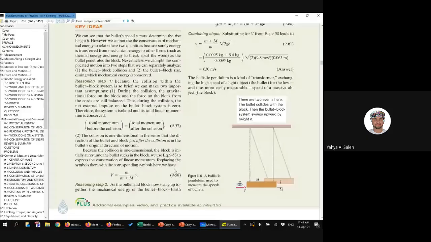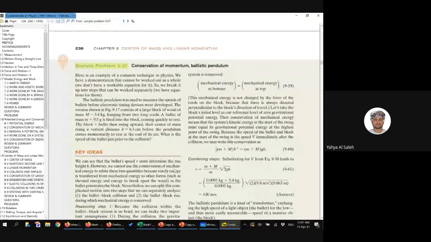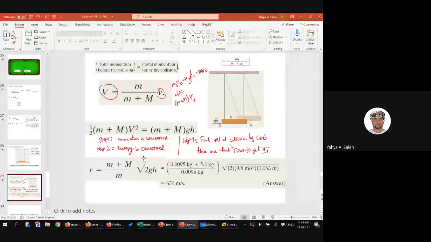So we're not assuming kinetic energy is conserved here. We're not saying that the initial kinetic energy is equal to the final kinetic energy. No, we're saying that the initial kinetic energy is equal to the final potential energy. So we did not assume here this is elastic. Okay, we'll do elastic collisions in the next slide.